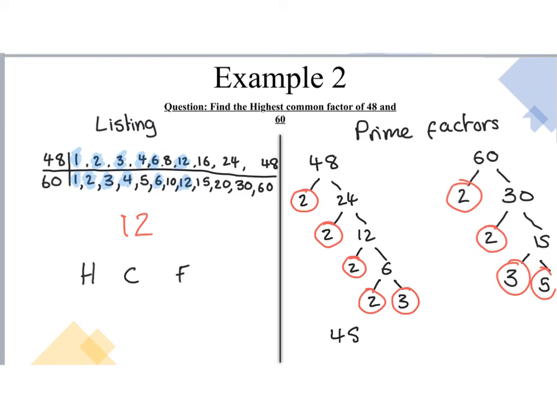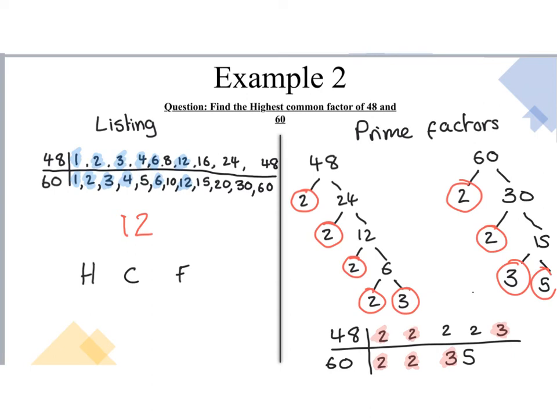You can write them out like this, 48 and 60, and then list them: 2, 2, 2, 2, 3, and 2, 2, 3, 5. Then highlight the ones that are in both lists. Remember to do it in pairs, so that's a pair, that's a pair, and that's a pair.